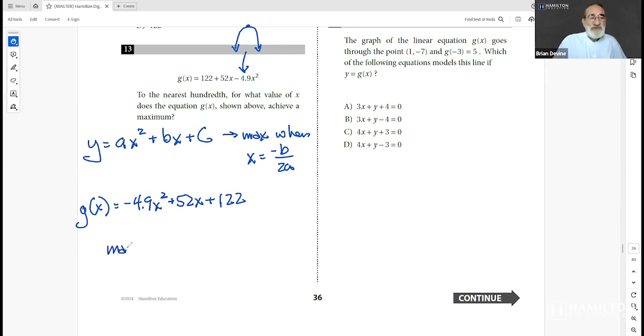So the max should be when x equals negative 52 over 2 times negative 4.9, which would be negative 9.8. I can put that into a calculator and I get 5.306. I have to round it to the nearest 100th, so 5.31.